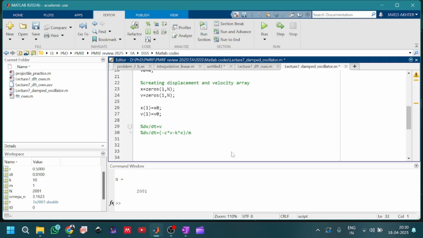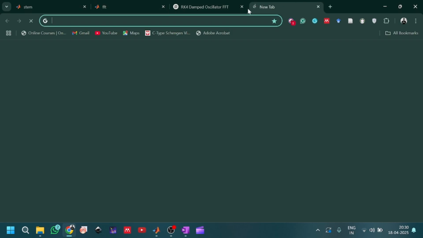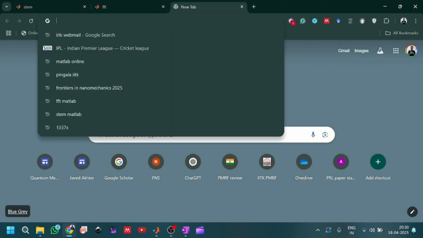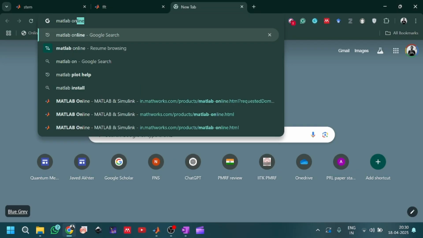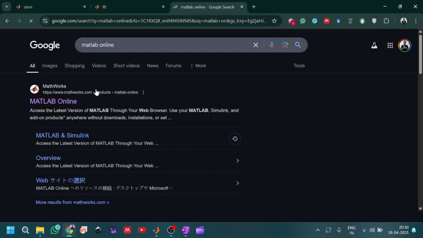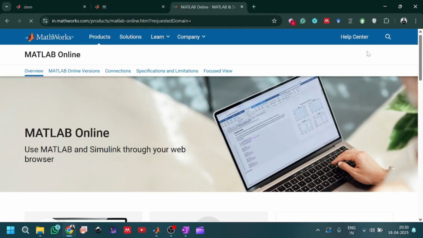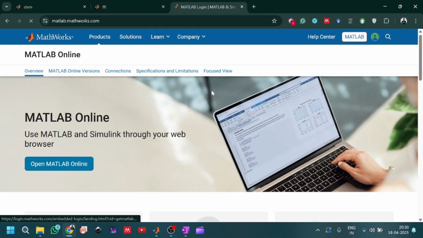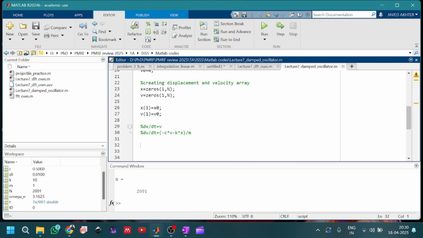So let us define these functions. Since we have already created that, we can go to our MATLAB online and try to search for it. Or we can write one from scratch.